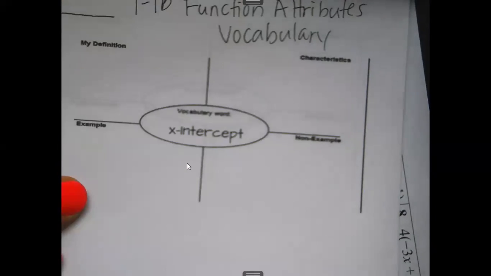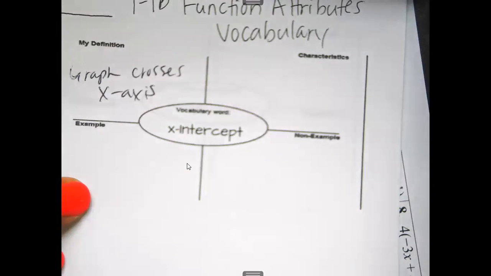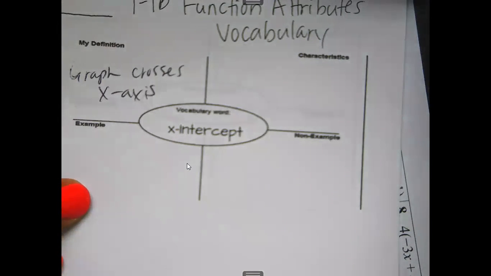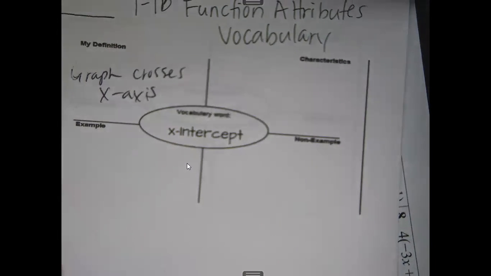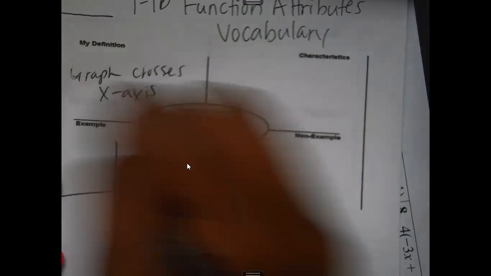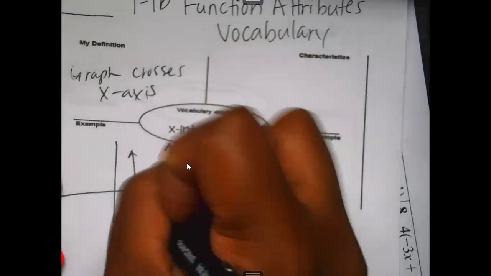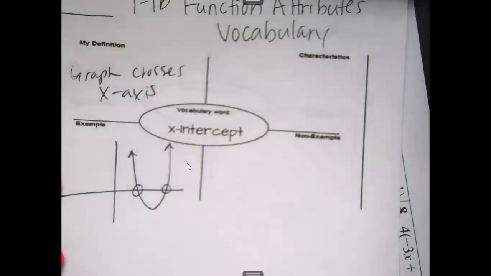So my definition is graph crosses x-axis, right? So that's my definition of x-intercept, okay? The example that it's given me, I don't remember what the example looked like, but I can draw my own example. So I'm going to draw a graph, and I'll say these are my x-intercepts, right?